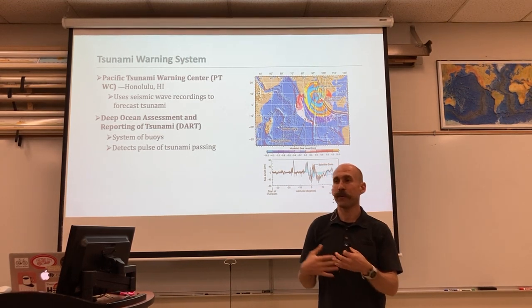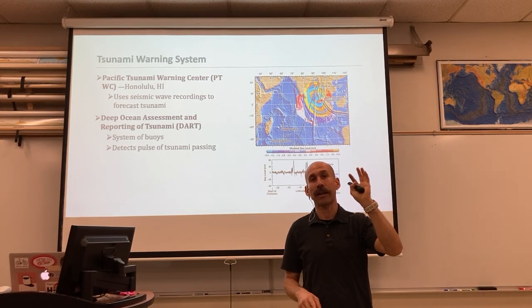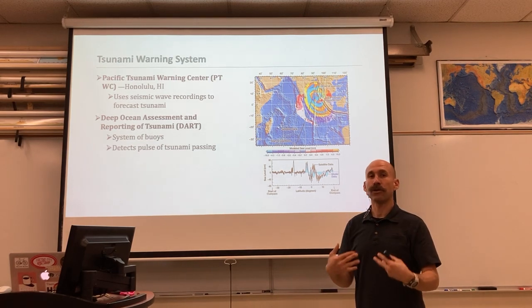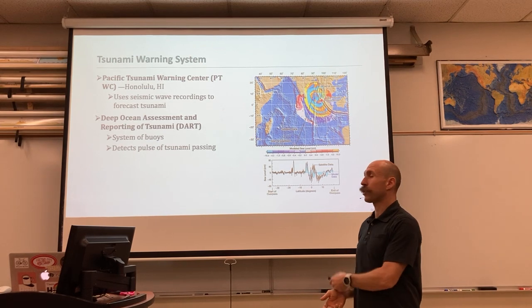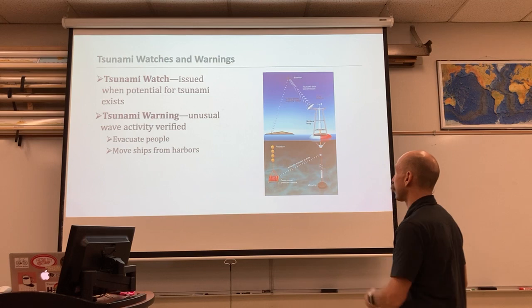If there's a tsunami, we feel the earthquake. These buoys measure increased wavelengths. We can let people in coastal communities know, who have tsunami preparedness and evacuation drills, and we can protect and minimize the loss of life from these big events.